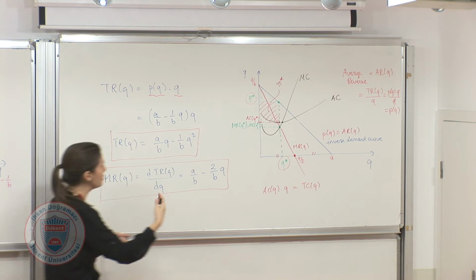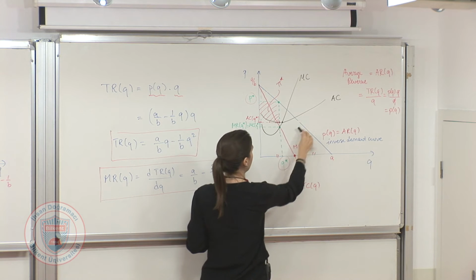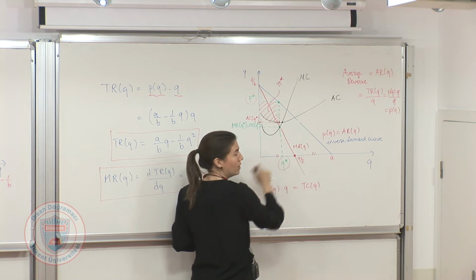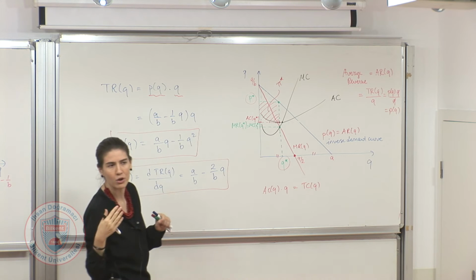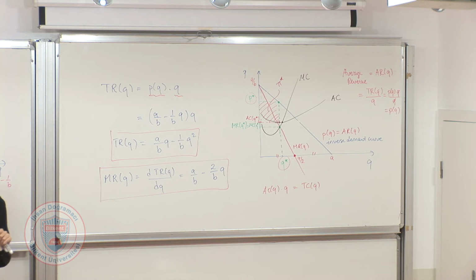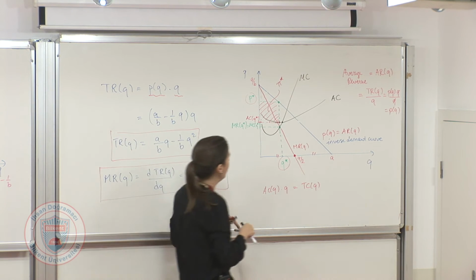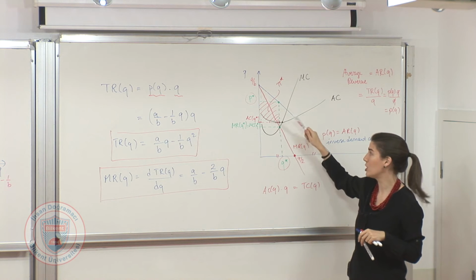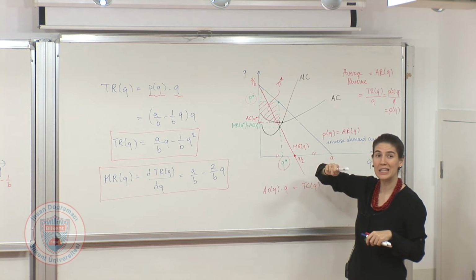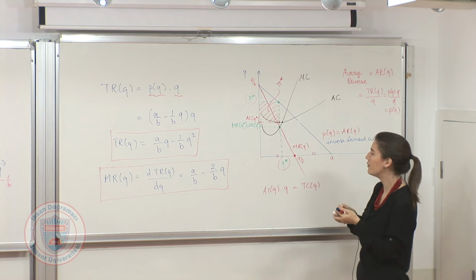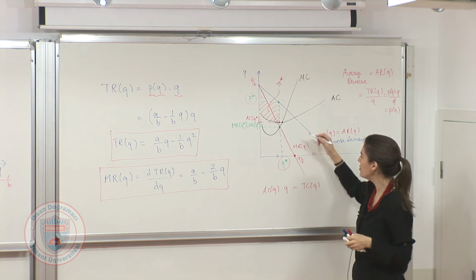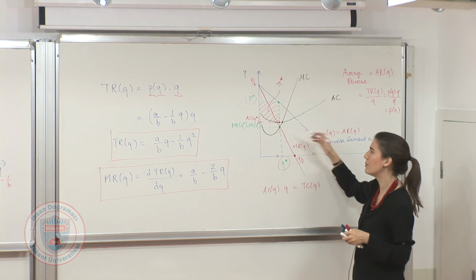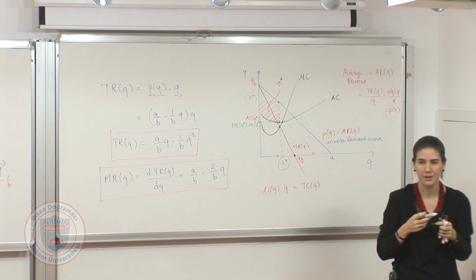And from here, it's also obvious that marginal revenue would always lie below the inverse demand curve, right? So the price. Basically, you see the curve is always below the price, okay? And also, remember I told you that a monopolist would never operate in the inelastic portion of the demand curve. In the inelastic portion, marginal revenue was what?